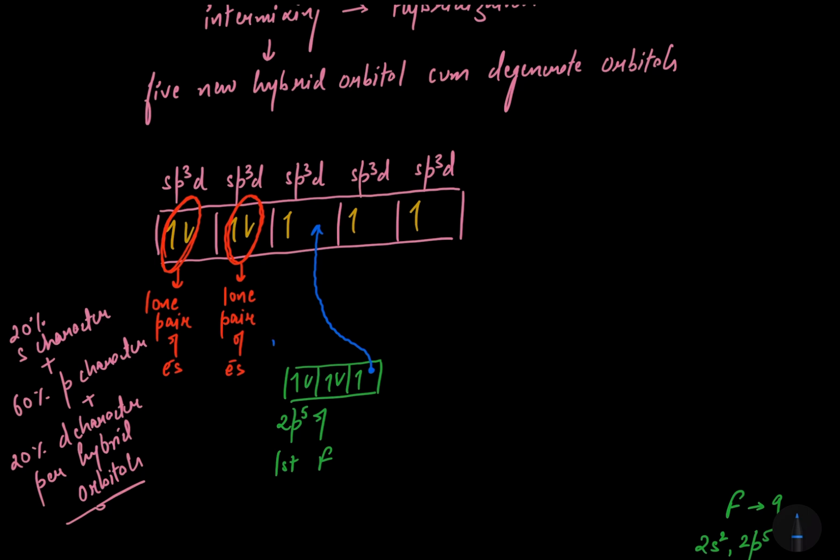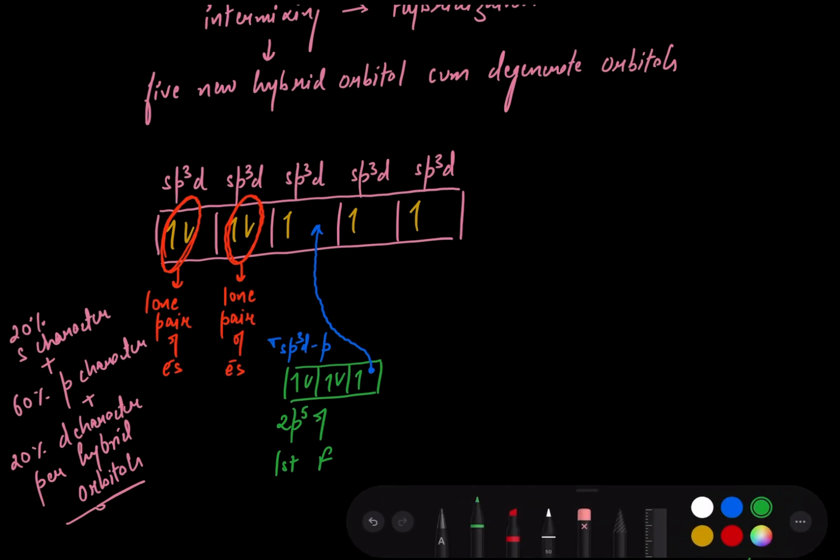So we got the sigma bond, sigma sp3d p. Why so? Because this sigma bond has been formed by head-on overlap of sp3d hybrid orbital of bromine with the p orbital of fluorine. Now let's talk about the second fluorine atom.